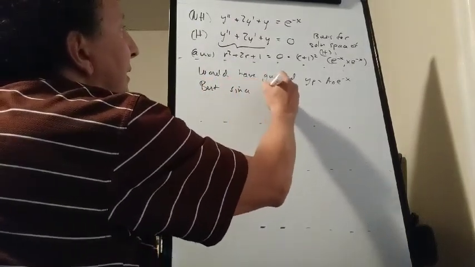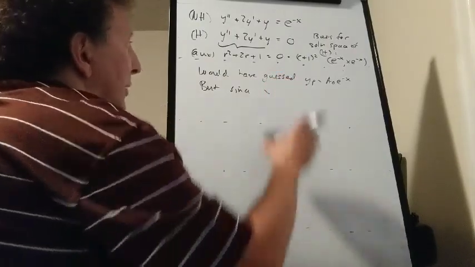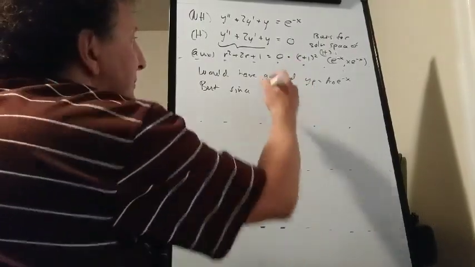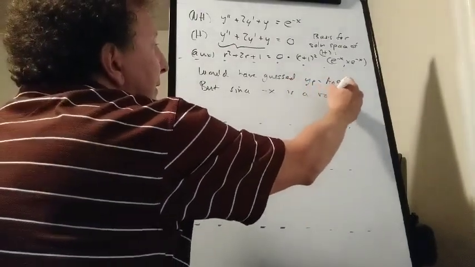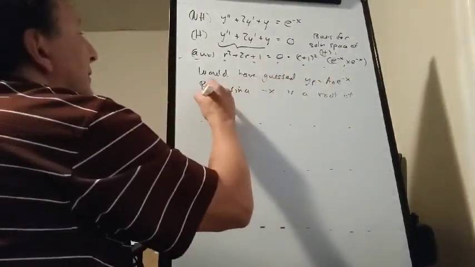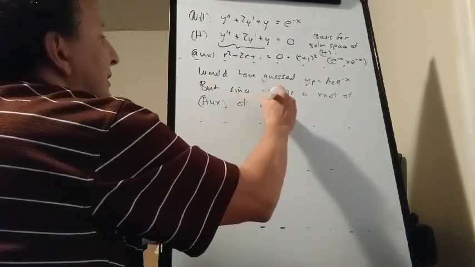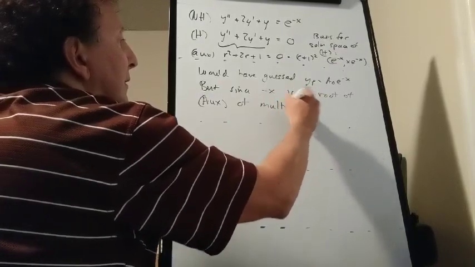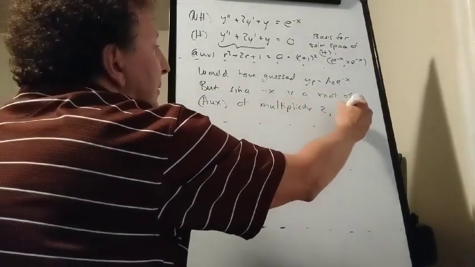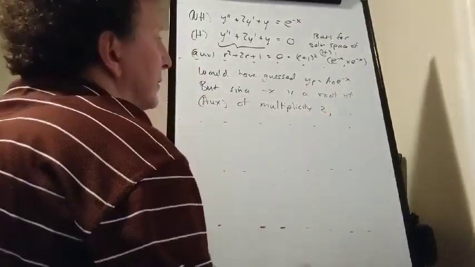But since negative 1 is a root of the auxiliary equation of multiplicity 2, we multiply this guess by x squared.